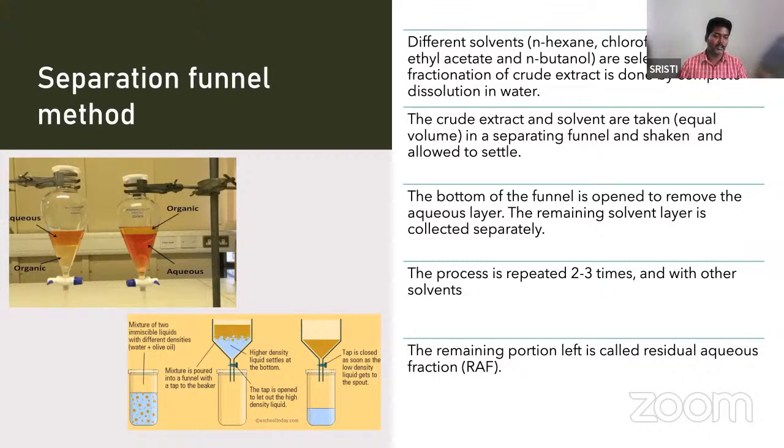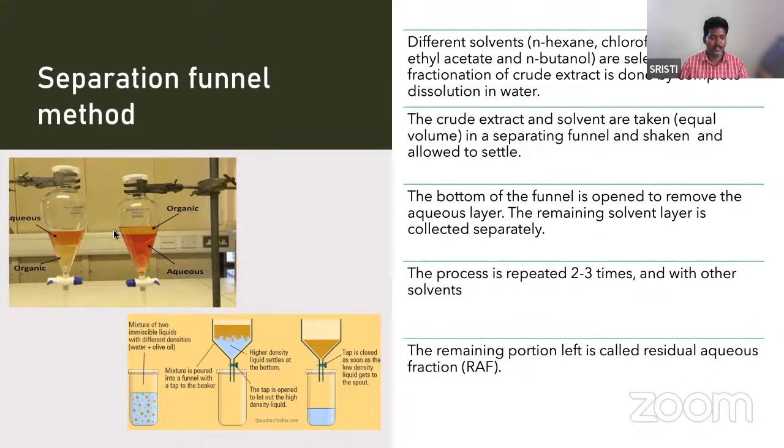Here we see the normal separating funnel. The separating funnel is used, and then you have two layers, an organic layer and an aqueous layer. The organic layer is your solvent, and the aqueous layer is your extract dissolved in water.